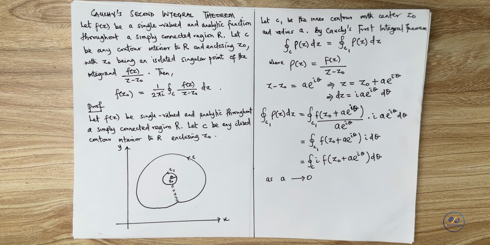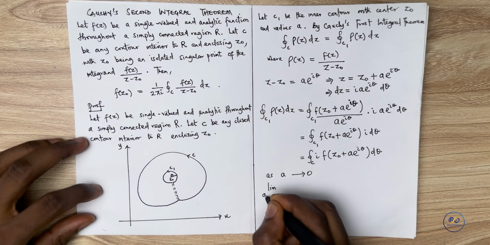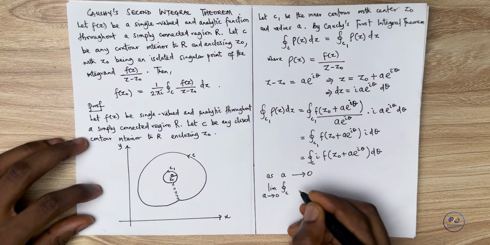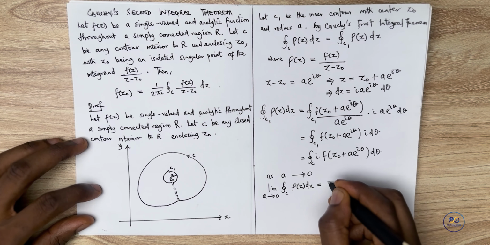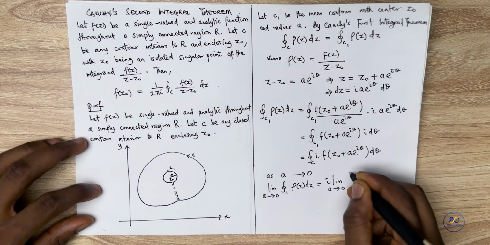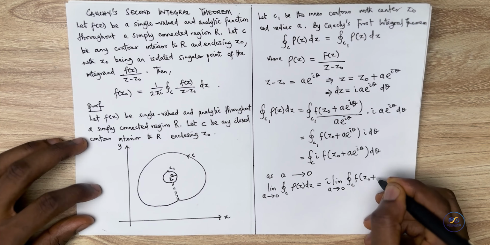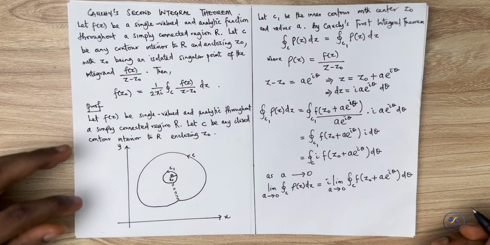So as a tends to 0, if we take the limit of this function, the limit as a tends to 0 of the integral over c of rho of z dz would be equal to i times the limit as a tends to 0 of the integral over c of f of z naught plus a e raised to the power i theta d theta.